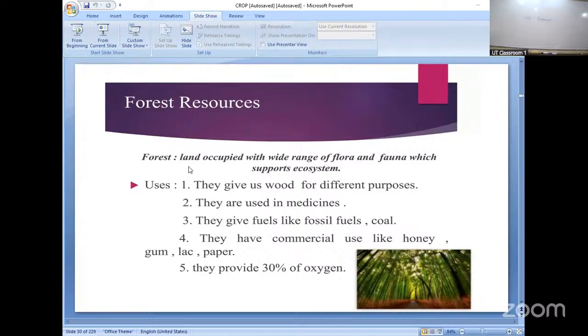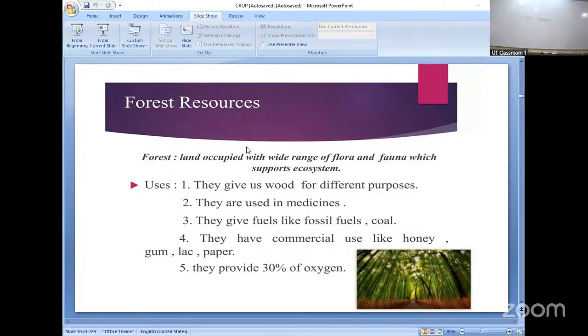Forest means a large, wide range of flora and fauna. I think you were there when we discussed classification, right? Yes, ma'am. Diversity. So all the large range of flora and fauna present in the forest supports the ecosystem, right?